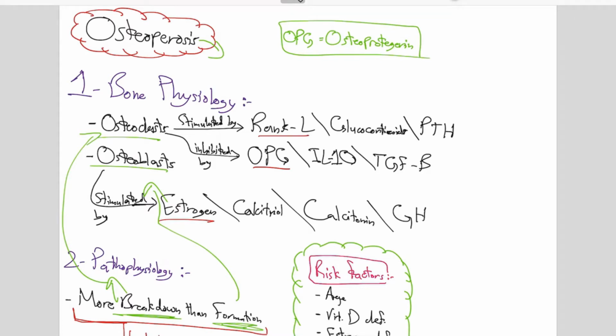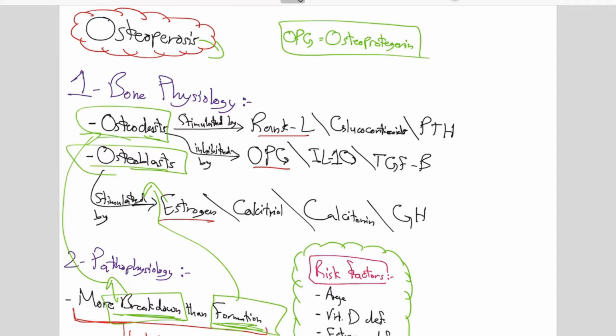So if you understand the normal function, you can simply understand how it can go wrong, and finally you can understand how this disease has come to be. Now, the bone physiology that you need to know about osteoporosis is the osteoclasts and the osteoblasts. Osteoclasts help in breakdown, and osteoblasts help in formation.